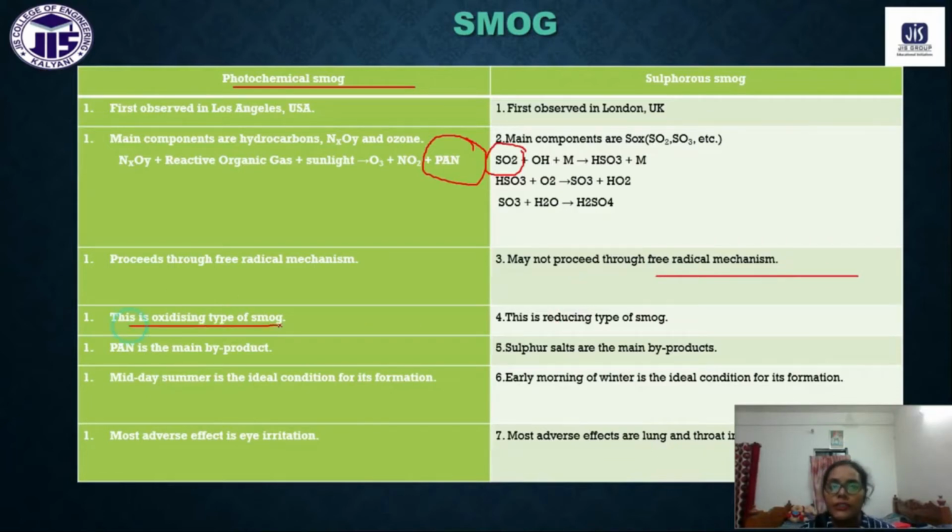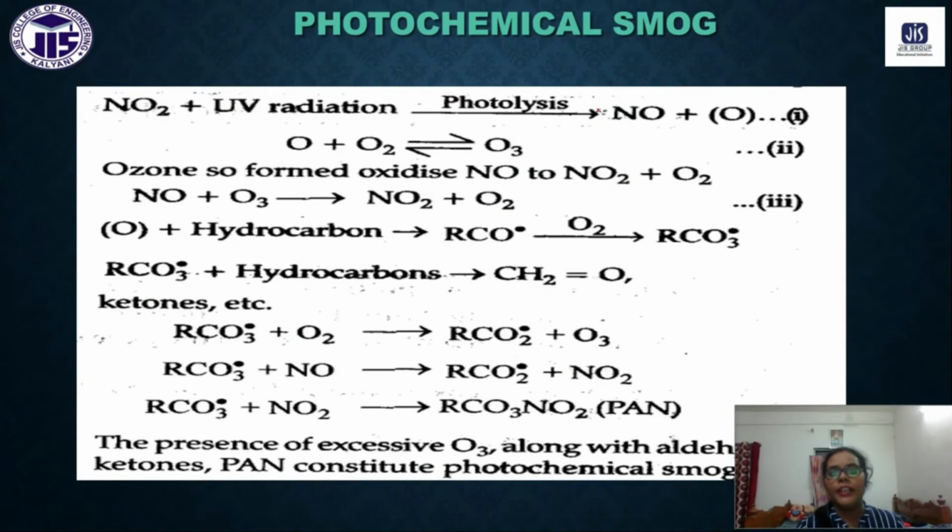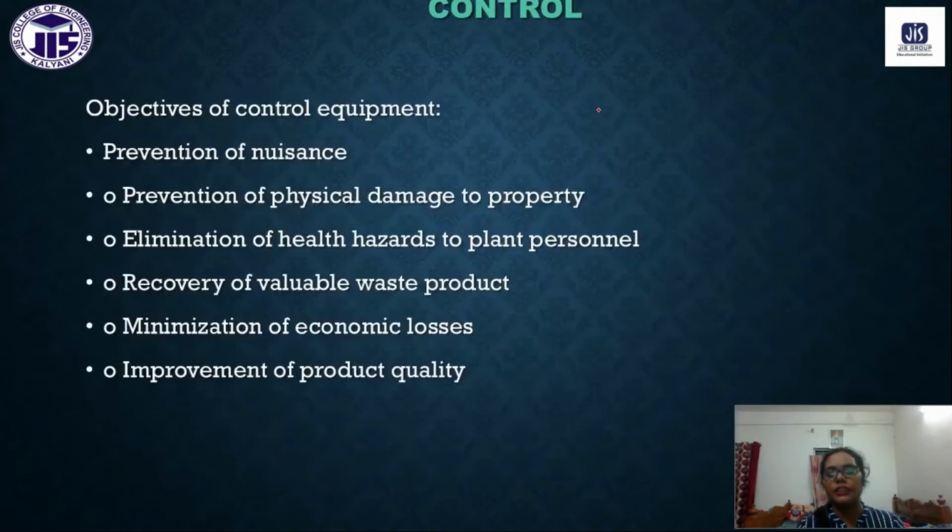Photochemical smog is the oxidizing type of smog, and this is the reducing type of smog. Okay, these are the reactions incorporated with photochemical smog.